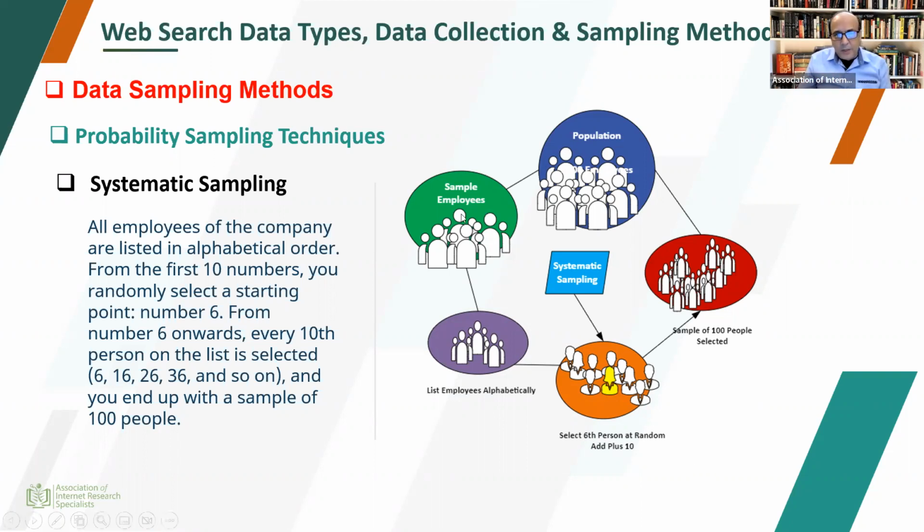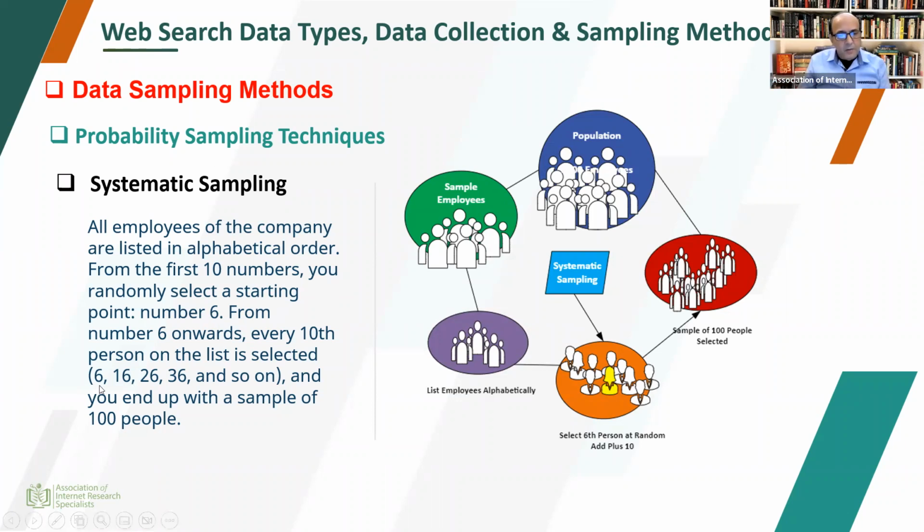So what we did from this set is that we made an organized list of employees in this circle in purple color. And from here, if we read this example, it says all employees of the company are listed in alphabetical order, and from the first 10 you randomly select a starting point, number 6. You start from number 6, and then keep moving from there, looking at the 10th employee, and then another 10th employee.